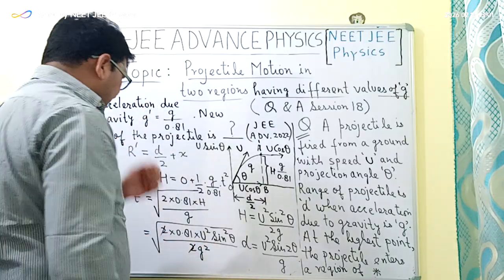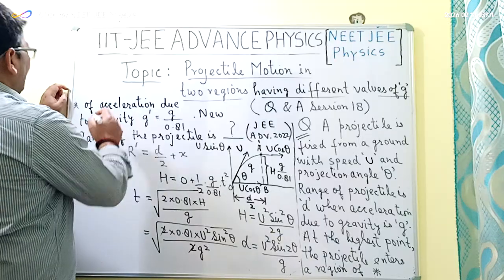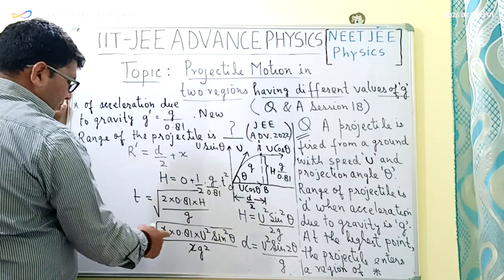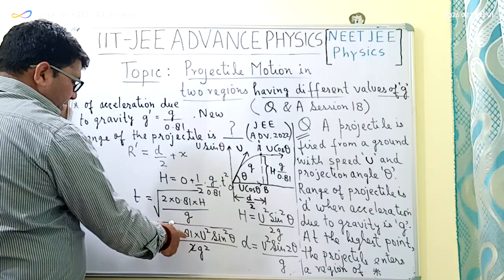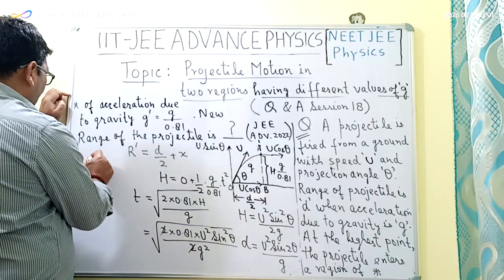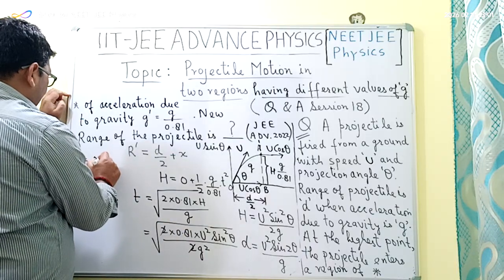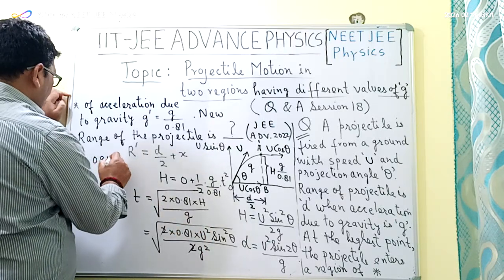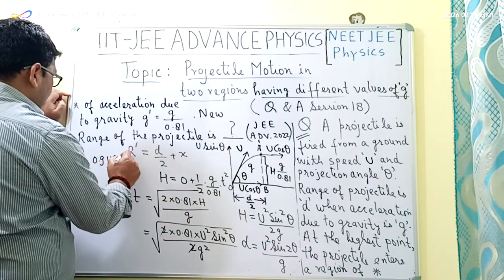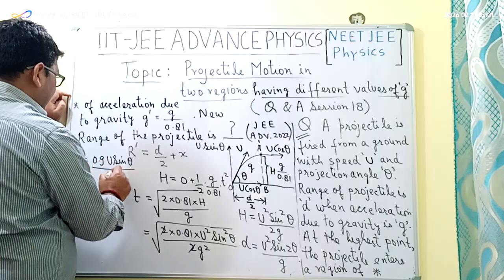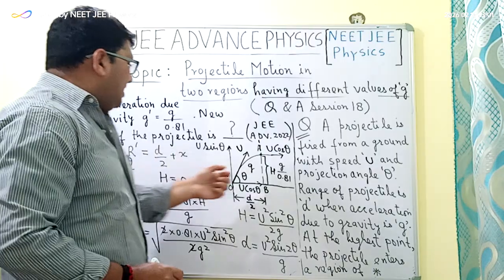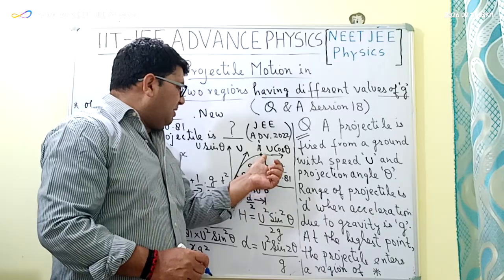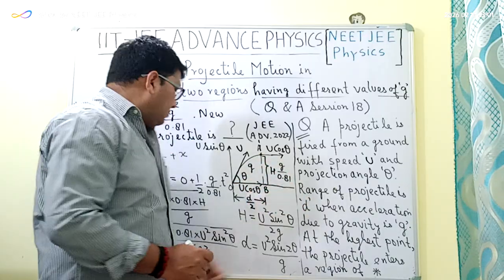The 2 and 2 will get cancelled out. So finally the value of t will be equal to 0.9 u sine theta upon g. This is the time taken by the projectile to reach the ground from the highest point.